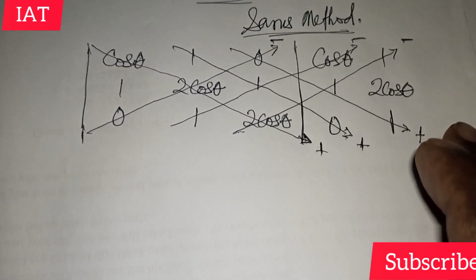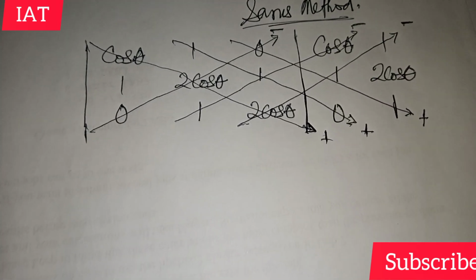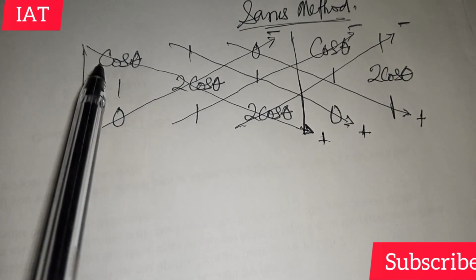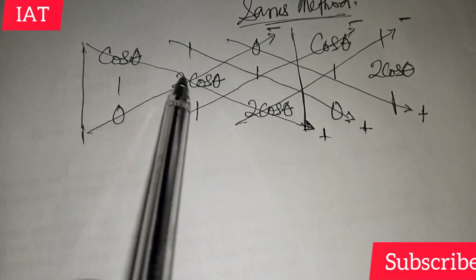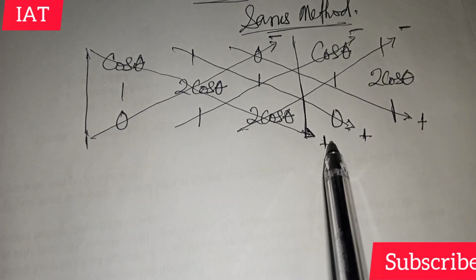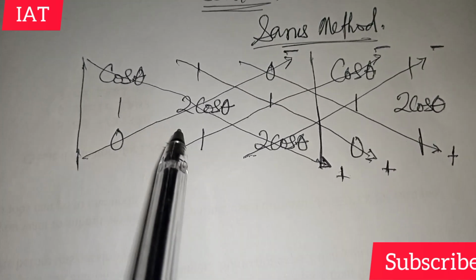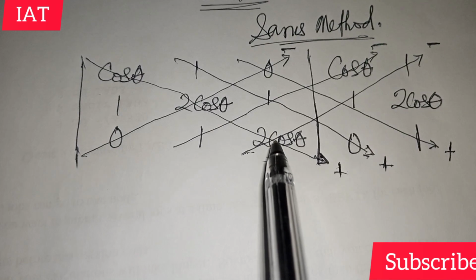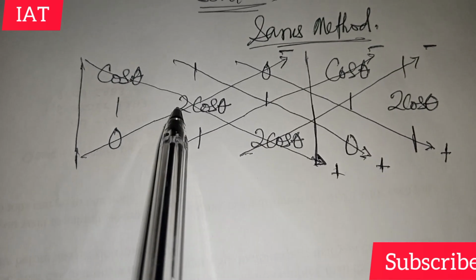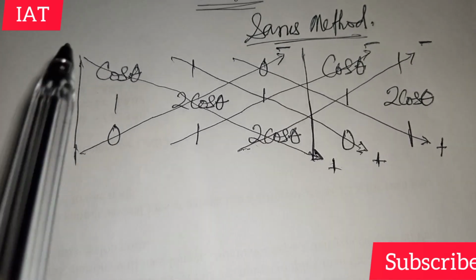Just check how I'm going to get the answer in 1 second. So the next thing I need to do is to multiply through these ones. Keep in mind that they are having positive sign. So you have cos theta multiplied by 2 cos theta multiplied by 2 cos theta. 2 times 2 times 1, that's 4.